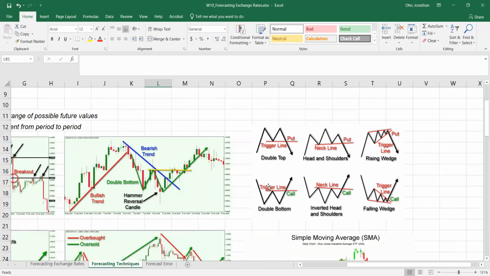Now look at this one here. Let me explain this. If it is a double bottom, the currency value hits the bottom, then improves, and hits the bottom again. So if you identify this double bottom and then it goes this way, your future forecast is that it will increase because of this double bottom pattern.